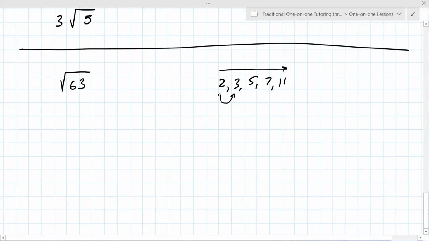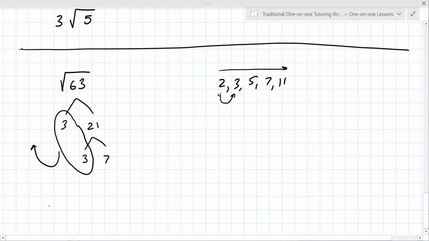Okay, got it. 2 doesn't go into 63, so 3 it is. 3 times 21. Good. And then 21 divided by 3 is 7. These are all prime numbers. Give me your final answer here.